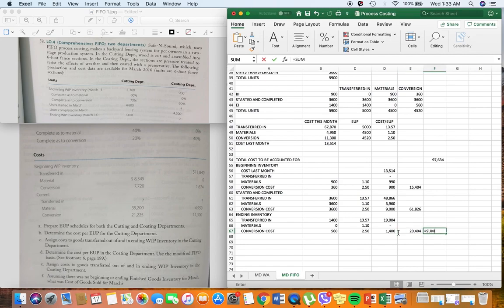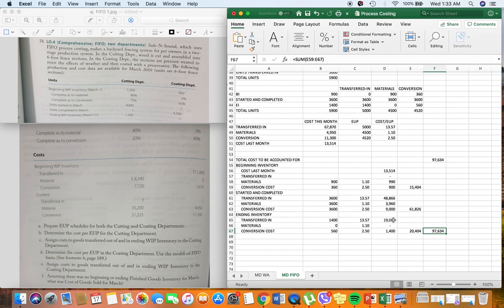Okay? So, let's check if we have accounted for all the cost. So, yan. The total cost that we have accounted for is equal to 97,634. So, sige, let us answer the requirements of the problem.